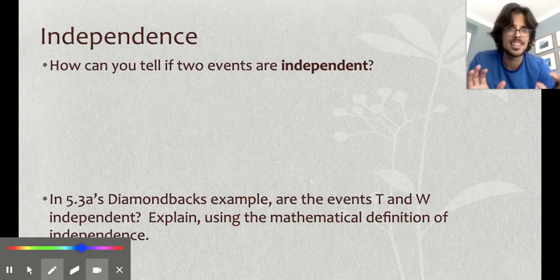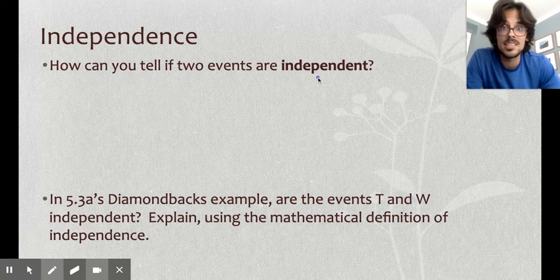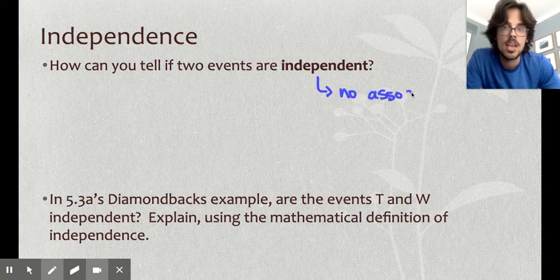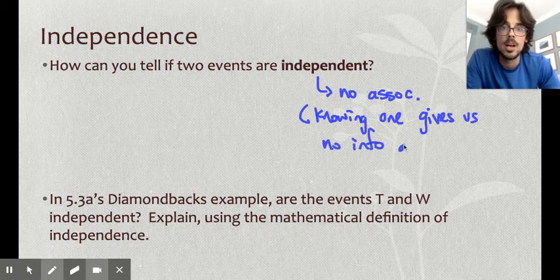We're careful not to say cause and effect. If two things are independent, it means that there is no association. And if there's no association, knowing one gives us no info about the other.